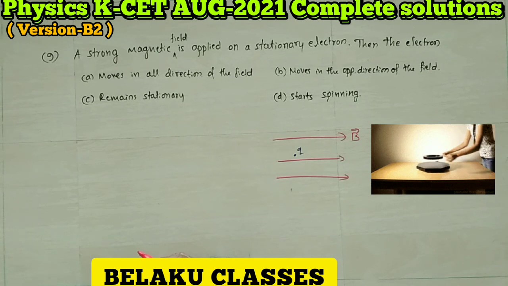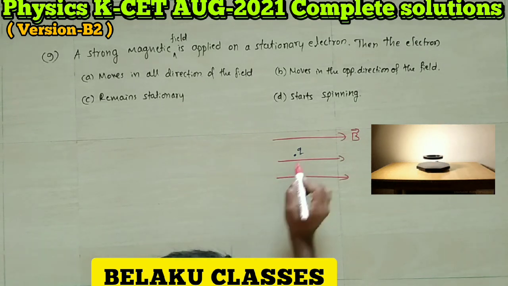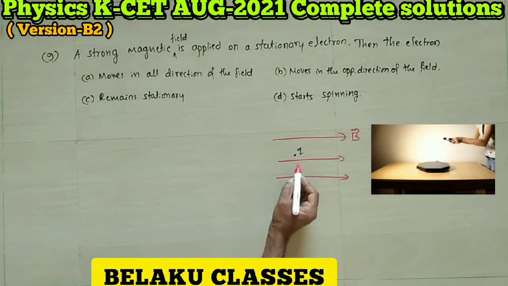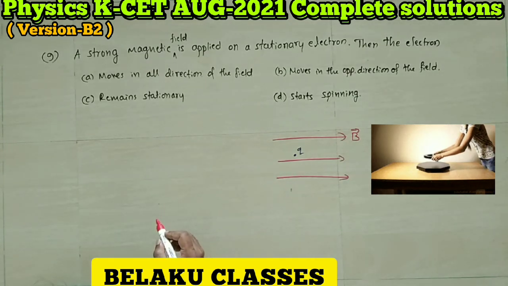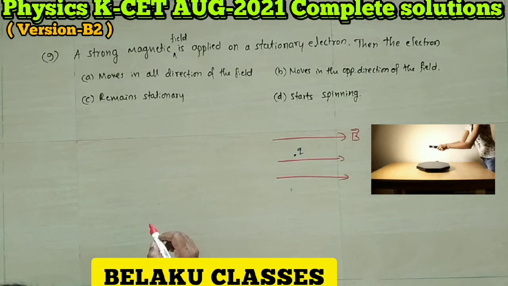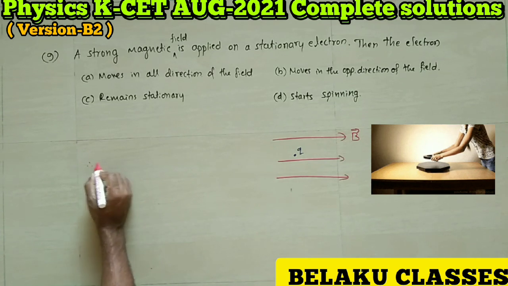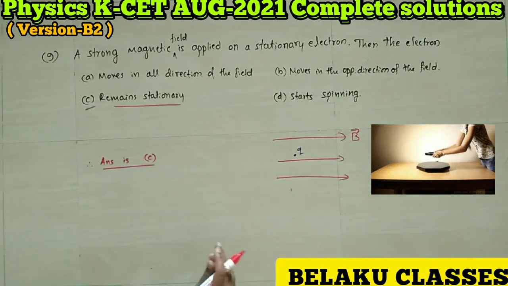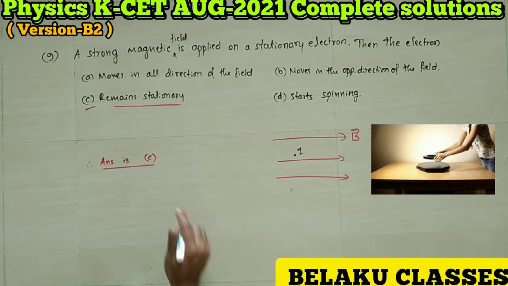You know that when the charge is moving with a certain velocity, it experiences a force. But for the stationary charge, the applied magnetic field is not going to affect it in any manner. Therefore, the answer is C. The charge remains stationary.